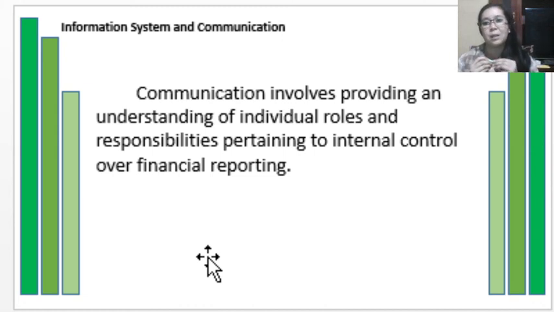That's how they should understand their roles and responsibilities. This is done through communication, for them to be aware. Awareness is the key to success in the roles and responsibilities of each person in the entity.